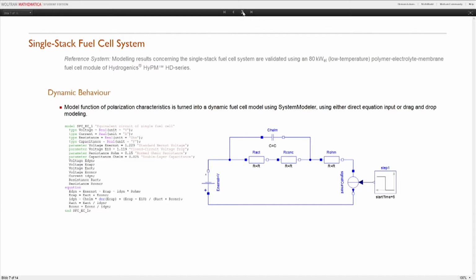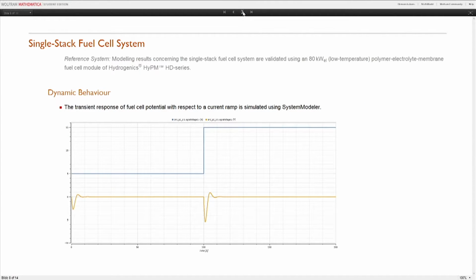And let's see, then we can model the transient response, for example, of the cell potential if we have a current ramp, and there you see definitely that nonlinear behavior.